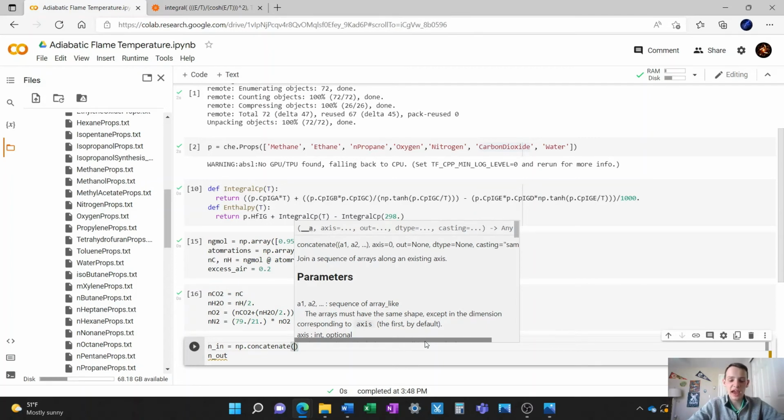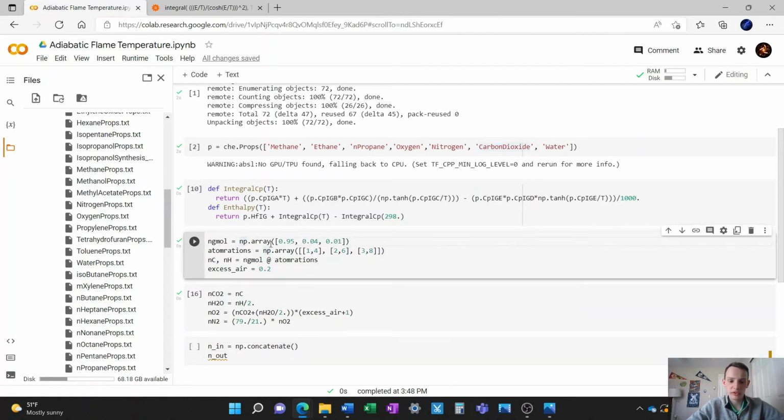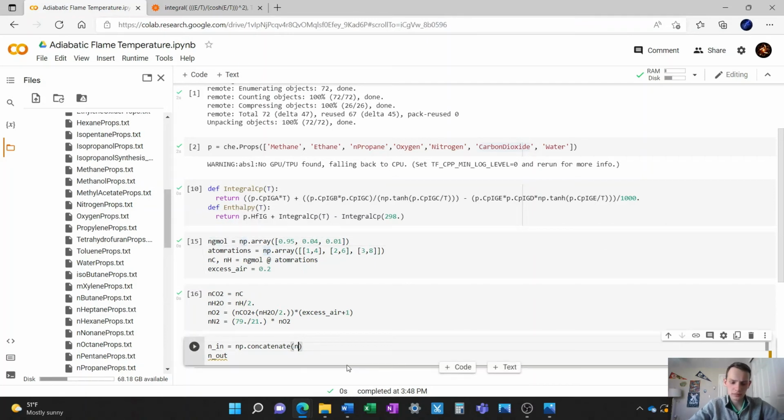Okay, so let's add some arrays together. So the first array that we're going to need is, like I said, in proper order. So we have our moles of natural gas in this array here. So Ng mole.